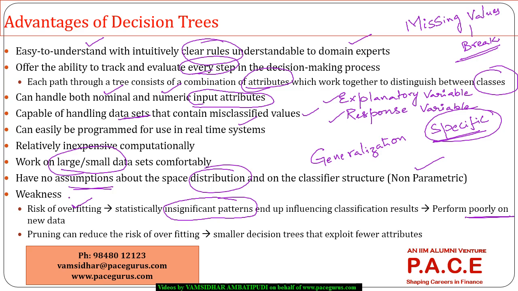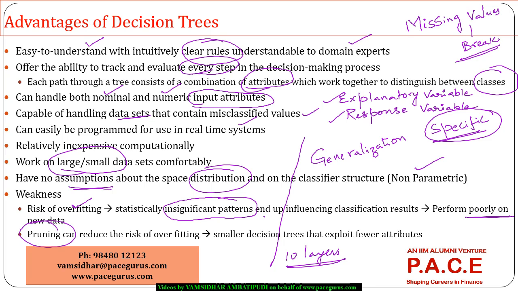So it is suggested that when we are working with decision trees, we should consider the concept of pruning. Don't try to build the tree to a very big length. Don't build a very long tree with 10 different layers. Try to cut off the tree after a few layers, 3 or 4 layers, and that could very well limit the risk of overfitting.